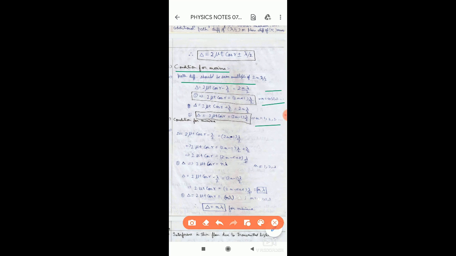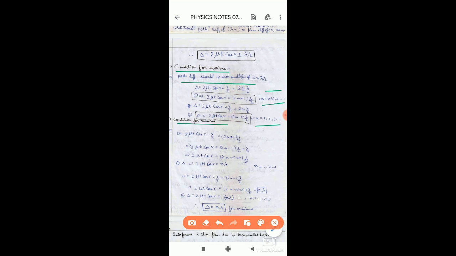Now condition for minima. We have the effective path difference; the path difference should be an odd multiple of lambda by 2, so it becomes (2n plus minus 1) lambda by 2.